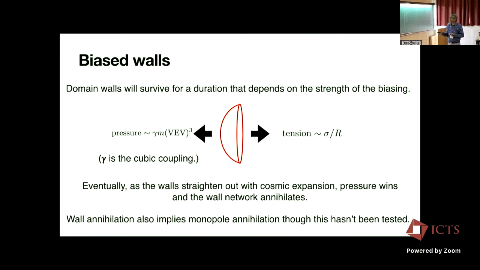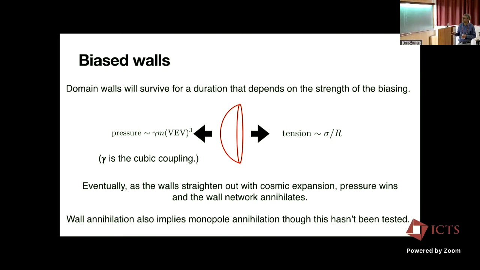But eventually, the walls get straighter because of the Hubble expansion, and R becomes large, in which case the tension is small. When the tension drops below the pressure, the pressure drives all the walls to one side, the pressure wins, and the wall network can annihilate.